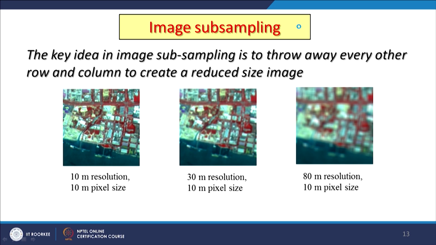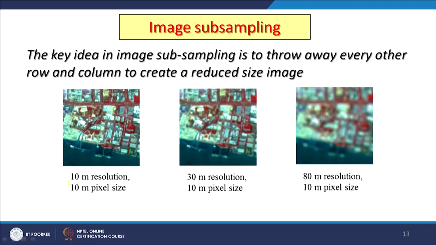What I mean here is that if I have coarse resolution remote sensing data, once it has been acquired at say 80 meter resolution, then it is not possible by any computer techniques or based on AI or other techniques to create an image at say 10 meter resolution. But the reverse is possible.